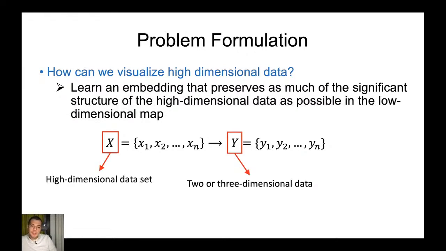So here X is a high dimensional data set and Y is a low dimensional data set that has 2 or maybe 3 components, so we can visualize the data in a 2-dimensional or a 3-dimensional space, but we cannot go higher than that.